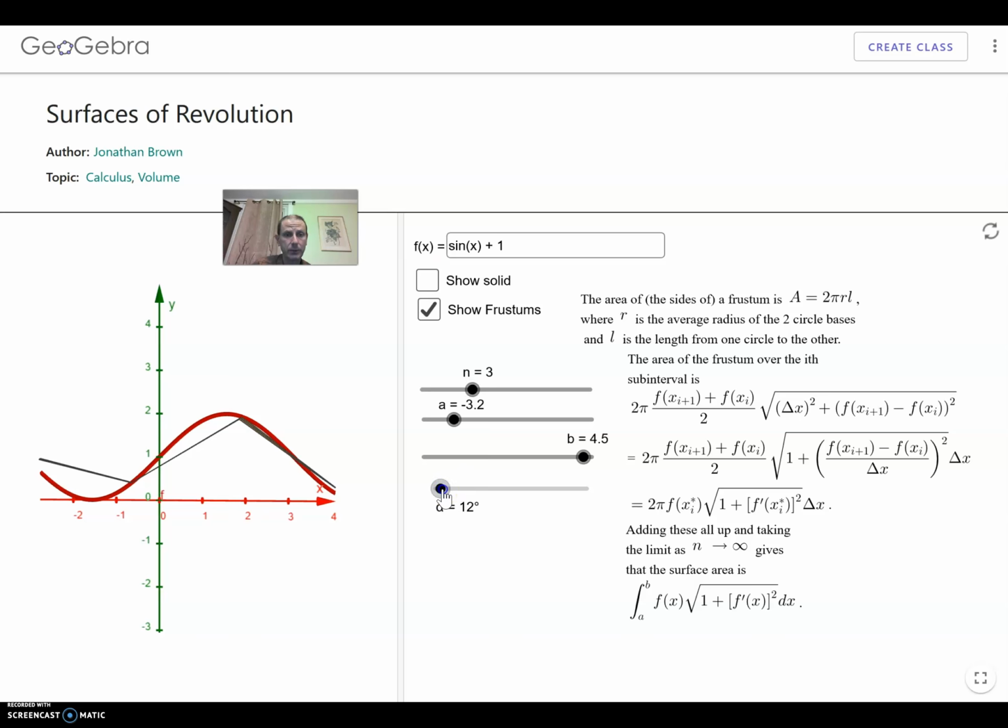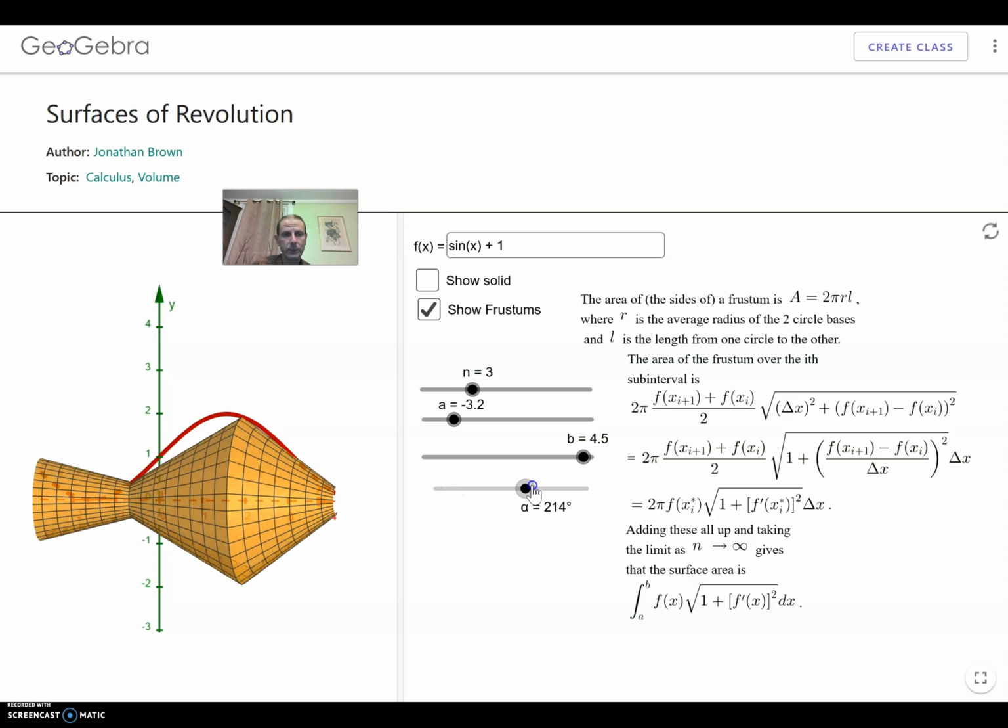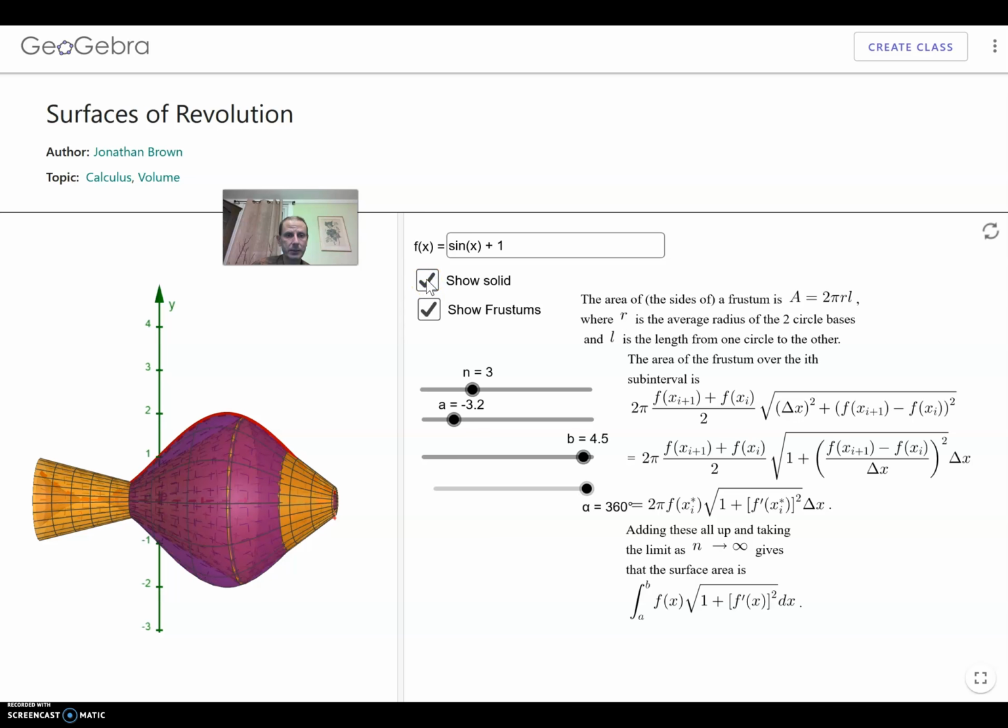So right now n is 3, and we get 3 different frustums, 1, 2, 3. If I show the solid on top and then hide the frustums, it's not great, but you can see that the shape of the frustums is approximately the shape of the surface we are trying to approximate.